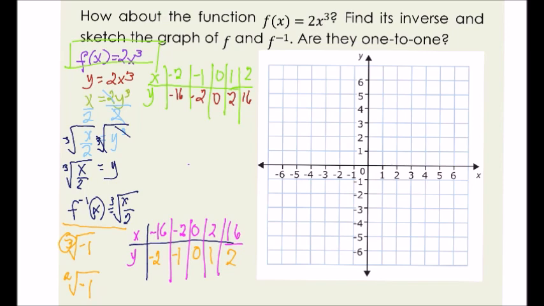Since we already have the points, we can now start graphing. Let's do f of x first. For f of x, we have negative 2 and negative 16. 16 is not available here in our table, so let's not include it in the graph. For negative 1, we have negative 2. Then 0, 0, and then 1, 2.